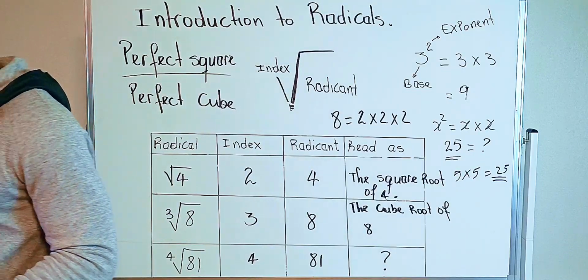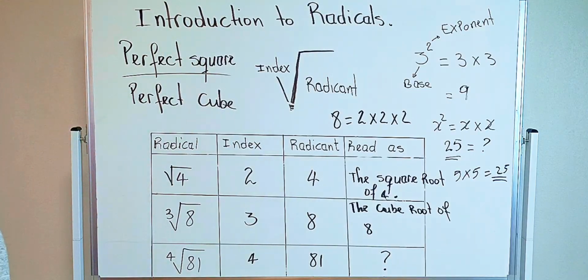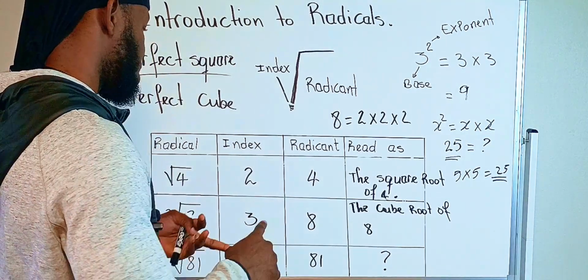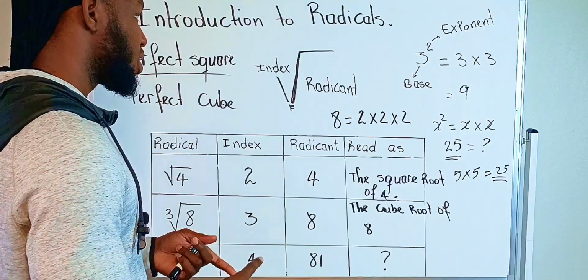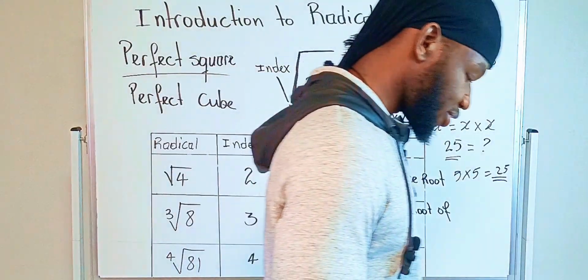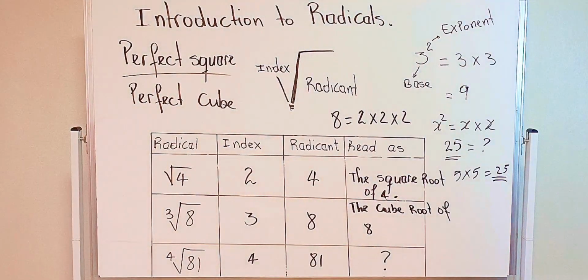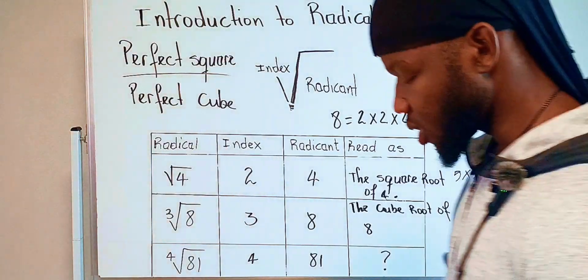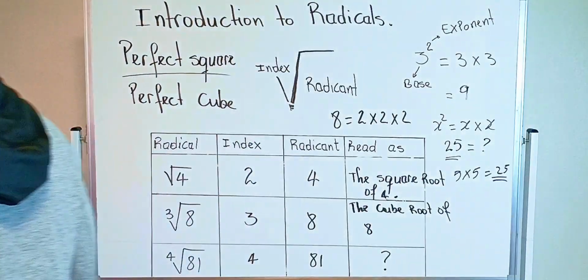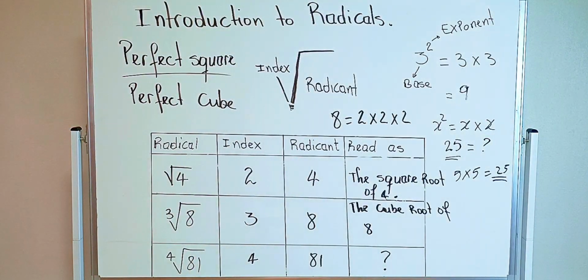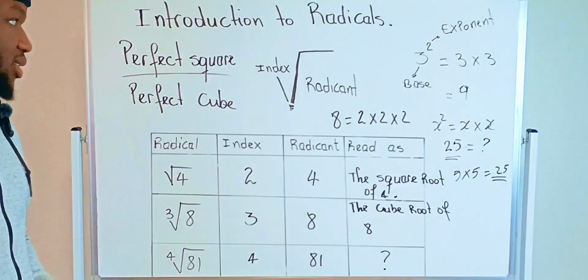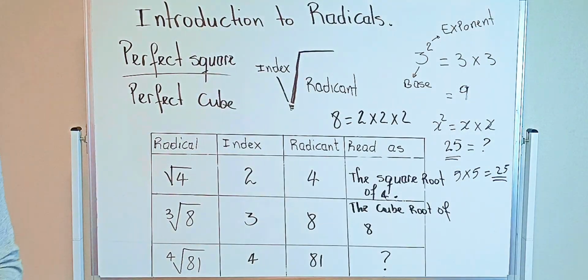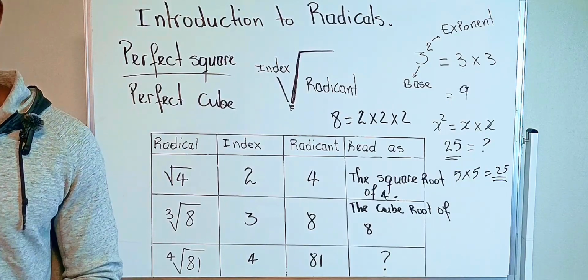But before that, I want you to be able to identify the index and the radicand, to read it, to know the perfect square and the perfect cube, and to know how to identify them. That means you know the definition of them. Easy stuff, guys. Nothing difficult at all. Let me know if you got a question.